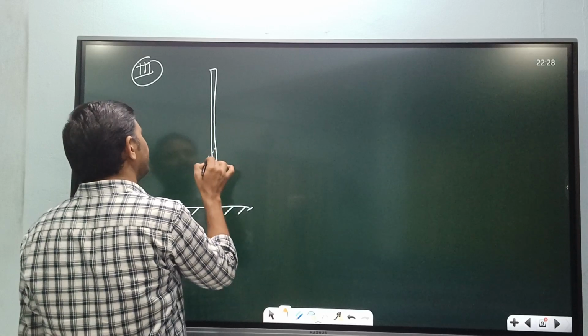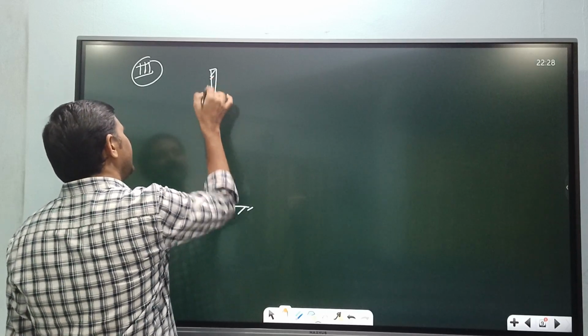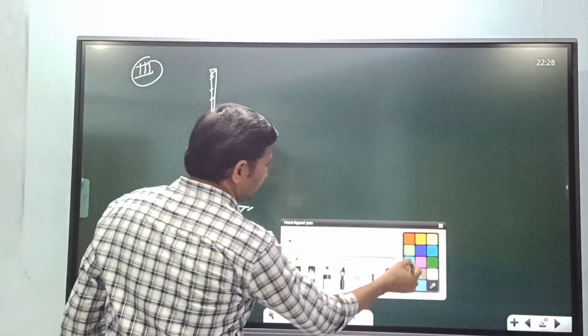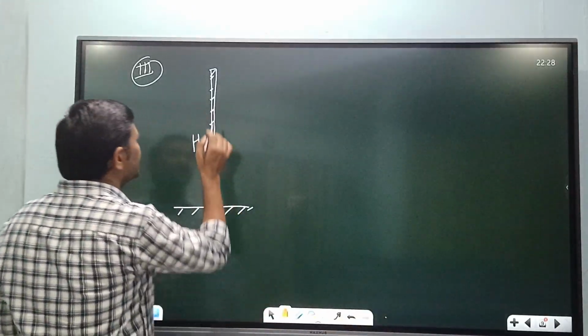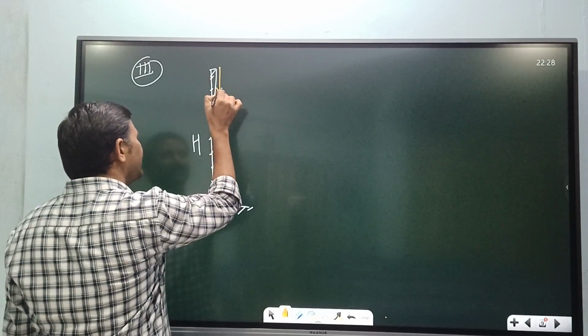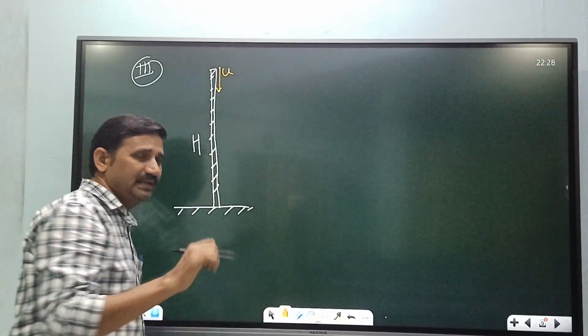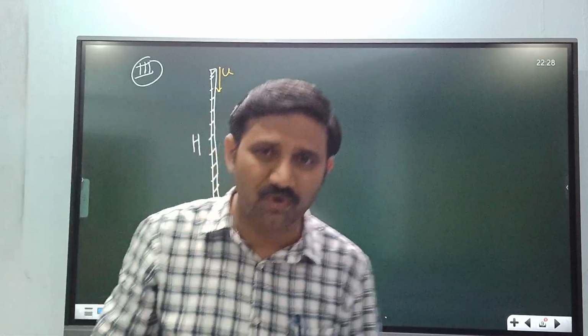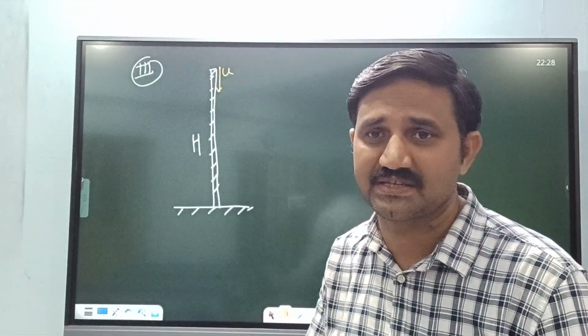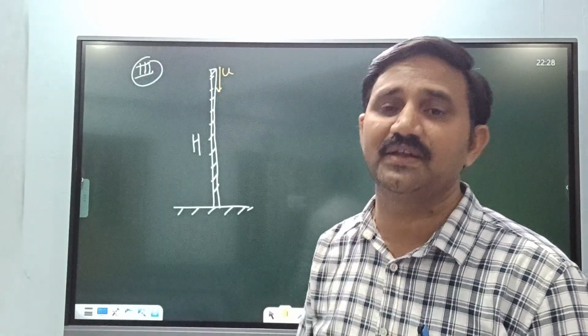Now this body is at a height h. Initially the velocity of the body is not zero. So the velocity of the body is u. Initially the body is thrown in the downward direction, so it has some velocity. Now this is not a freely falling body.